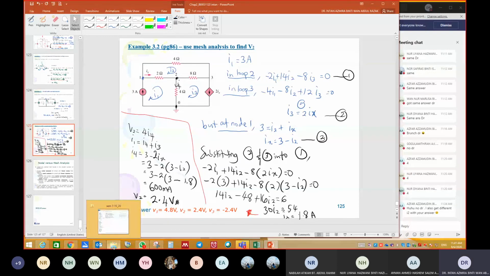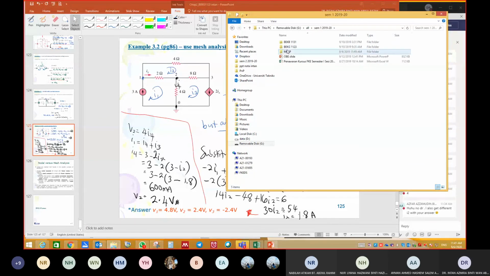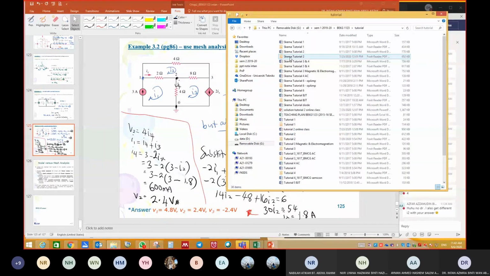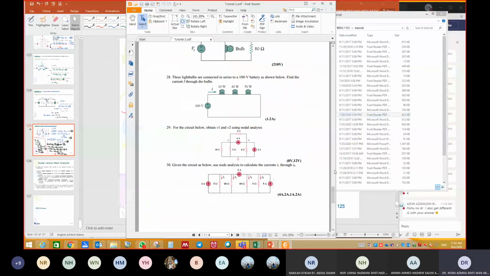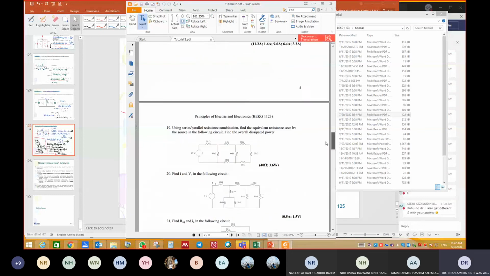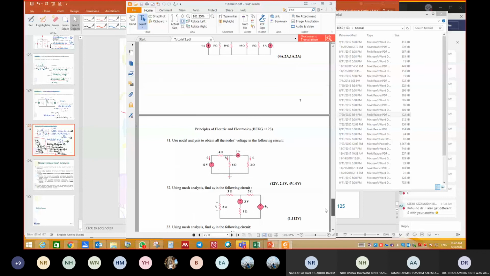Okay, let's try tutorial. Tutorial 2, mesh.